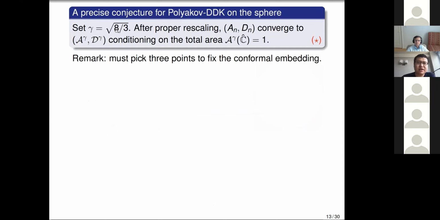We set gamma to be this number, and then after proper scaling, this discrete random measure and metric on the sphere should converge in the scaling limit to this random measure and random distance function defined in the Liouville theory, conditioning on the total area to be 1. Because in the discrete, we have fixed the total number of vertices to be n. I also want to mention that in the sphere case, we have to pick 3 points in order to fix the conformal embedding, but I don't want to go into the detail of this point. This can be made very precise.